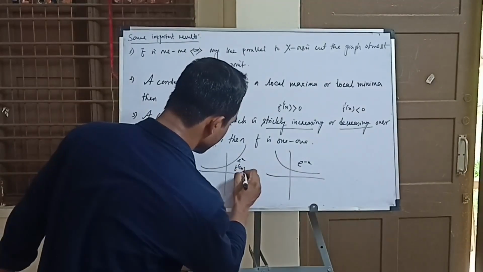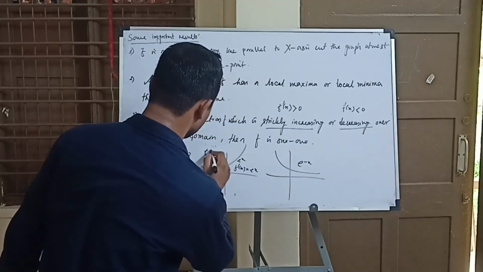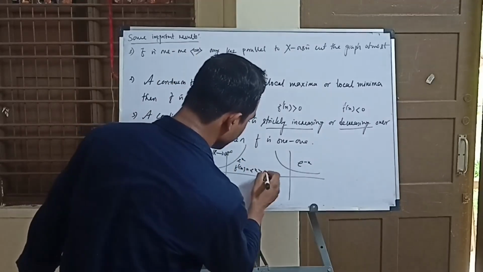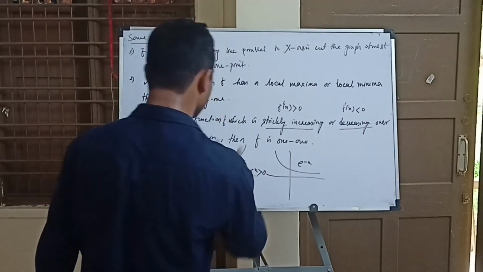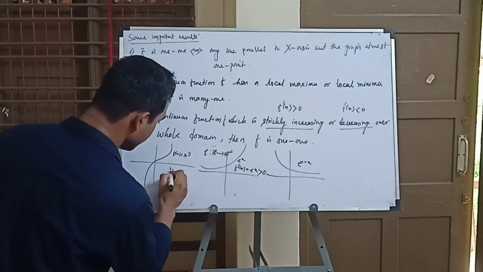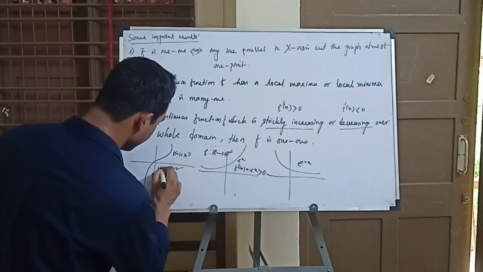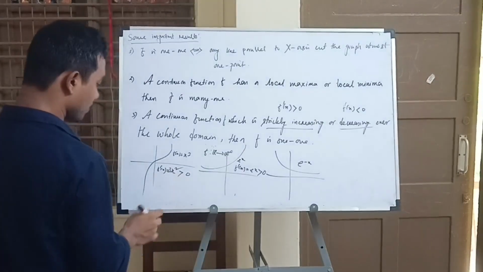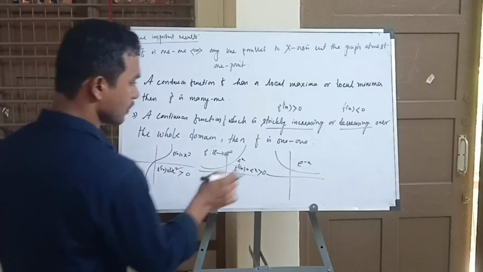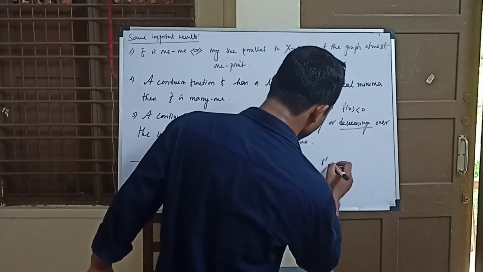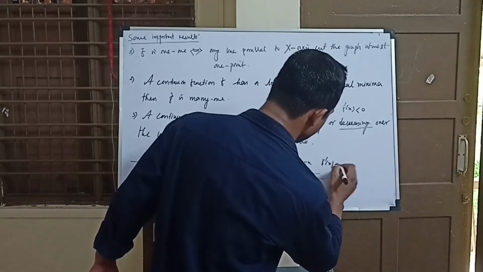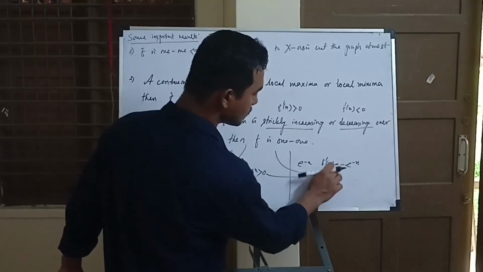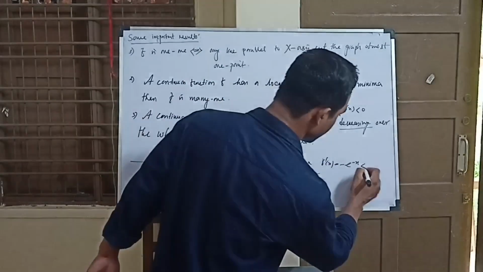Here f dash of x is e to the power x and the range of this function is R positive, so this is positive. So this function is strictly increasing. Here 3x square is f dash of x, this is positive, so this function is strictly increasing. Here this function is not strictly increasing because this part is positive, but this is negative here.